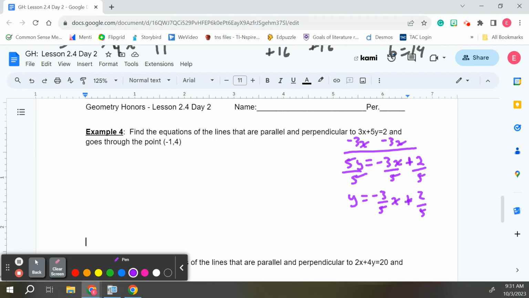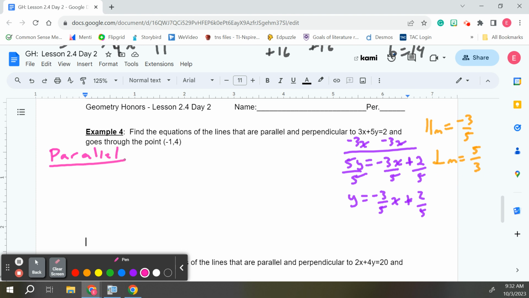All right, so if we're talking about the parallel slope, that means that's negative 3 over 5 I'm going to use, and the perpendicular slope is going to be positive 5 over 3. So let's first work with the parallel line.